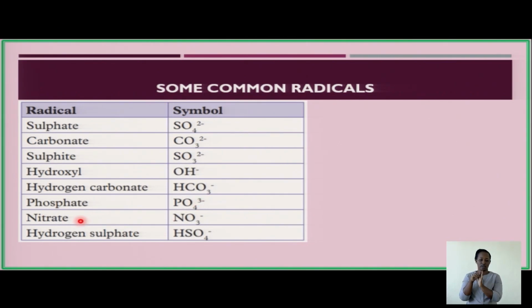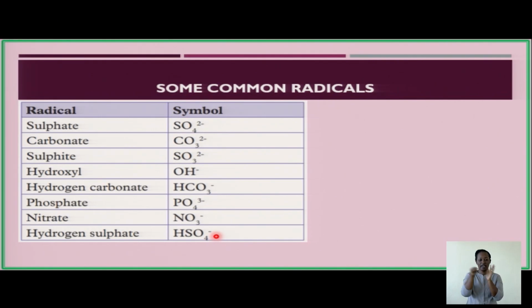There is a nitrate radical, which is NO3 negative, and hydrogen sulfate, which is derived from the sulfate radical by adding a hydrogen to the sulfate radical, and we get 1 hydrogen, 1 sulfur, and 4 oxygen atoms with a single negative charge.